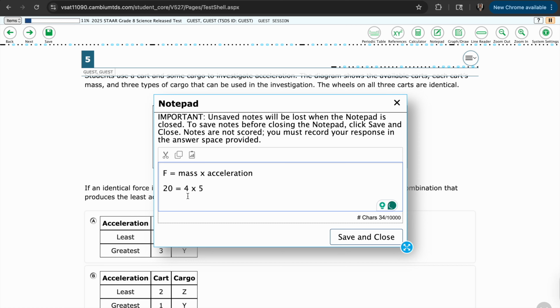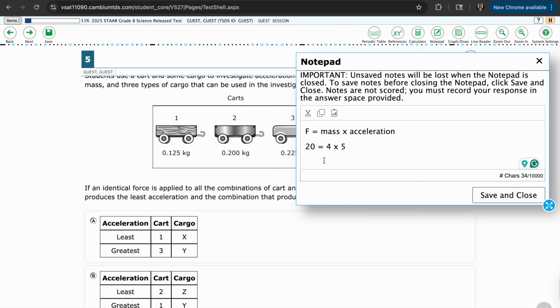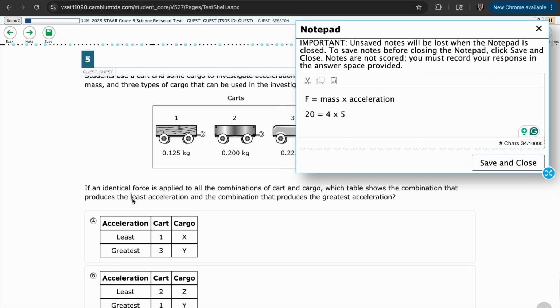So if I have a mass of 4, okay, mass of 4, and I have an acceleration of 5, I still get the 20. But we want to find the combination that gets us the smallest acceleration, the least acceleration, and the greatest acceleration. So how do we do that?